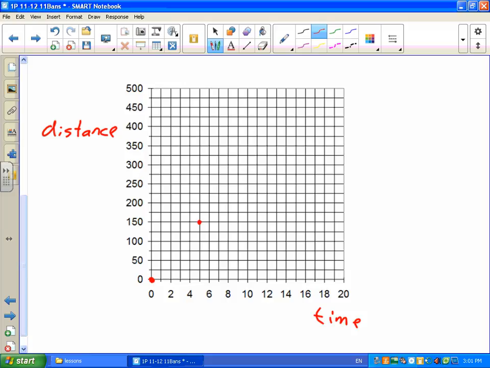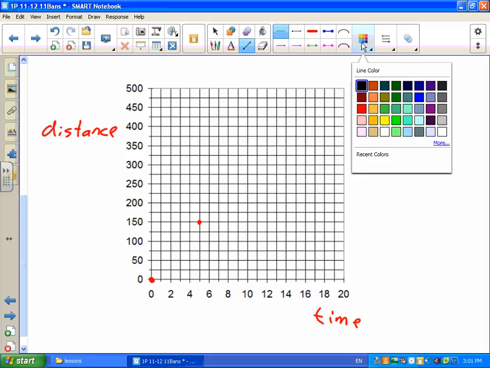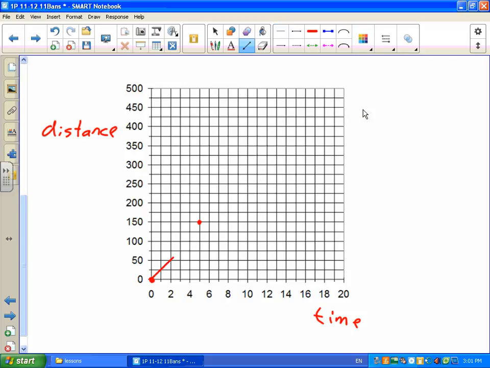We're going to connect those 2 points with a nice straight line. I'm going to make mine red so that you can see it. So there's the first section of his walk done: 5 minutes, 150 meters.